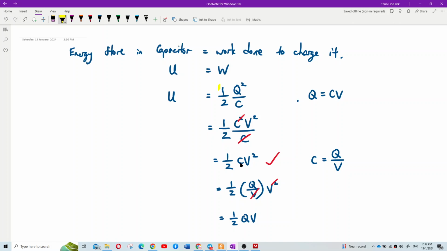So there are three formulas for the energy stored in a capacitor.